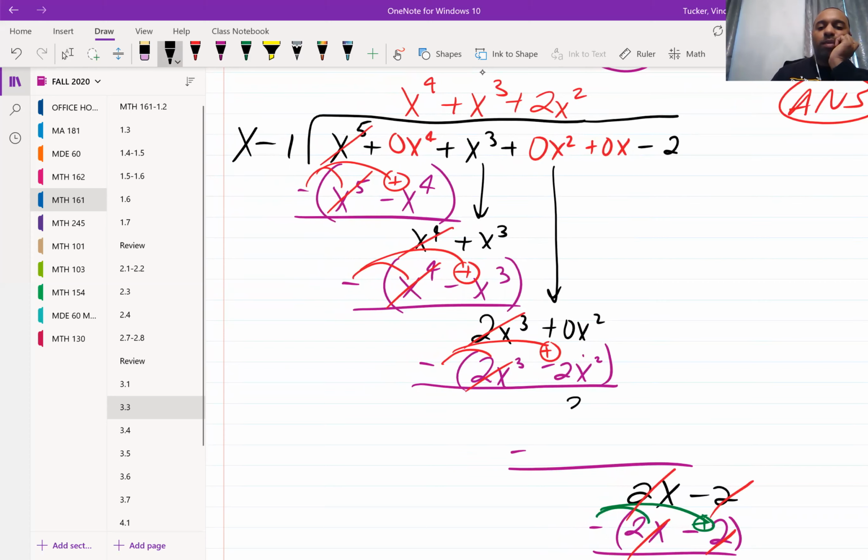So that's going to be a positive 2x squared. Bring down 0x. Once again, what times x will give me 2x squared? That'll be 2x.